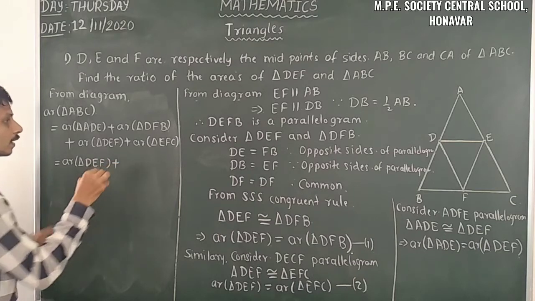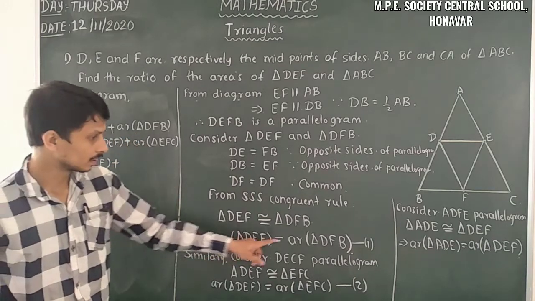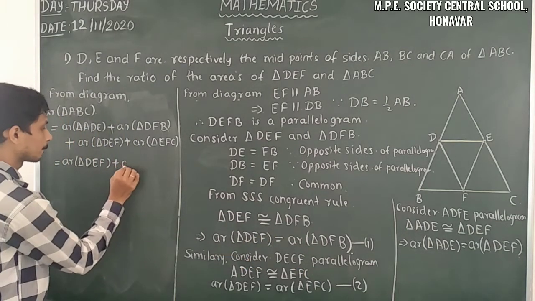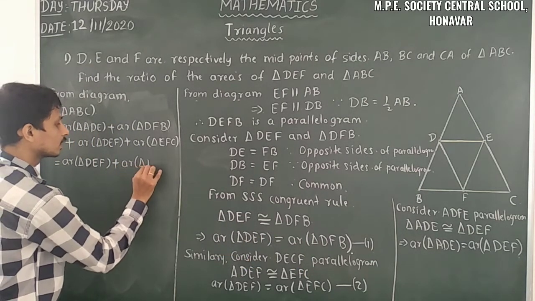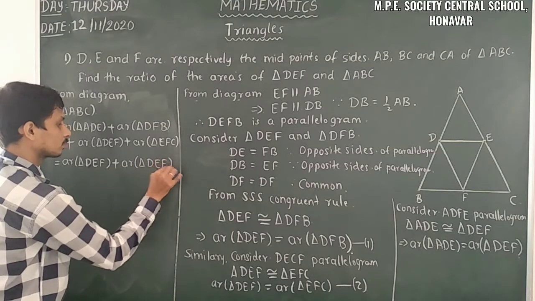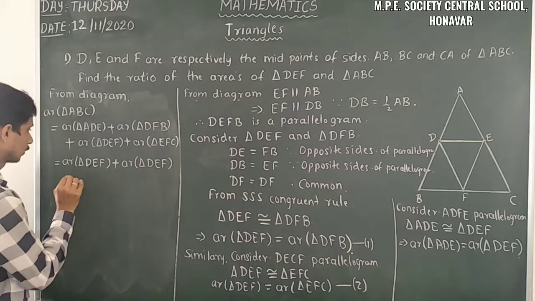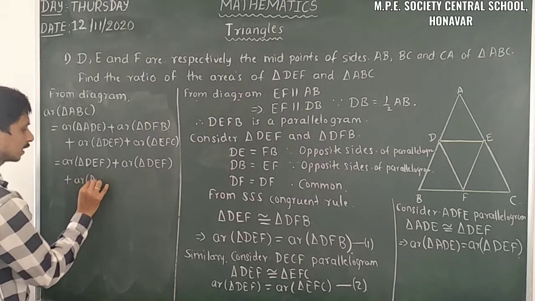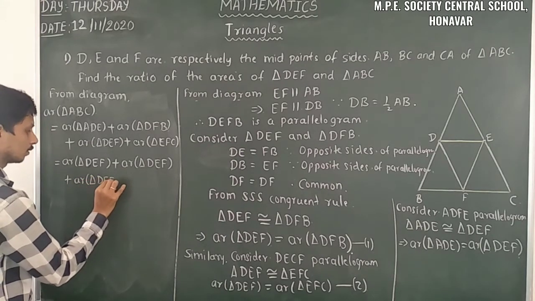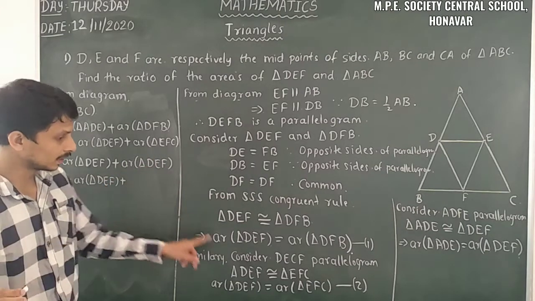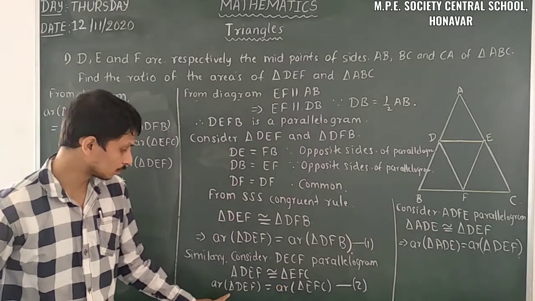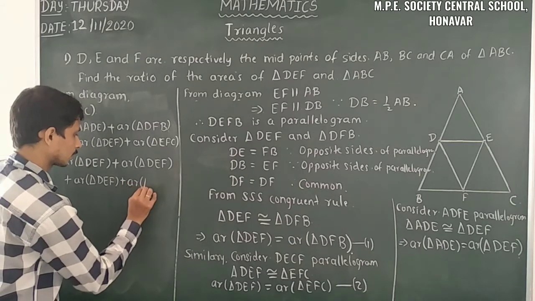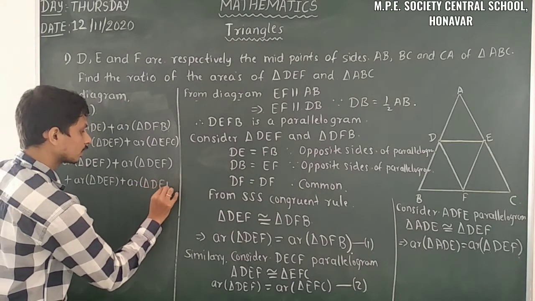Then area of triangle DFB, which is equal to area of triangle DEF. Then plus area of triangle DEF is there, no problem, so we write the same DEF. Then area of triangle EFC is equal to area of triangle DEF.